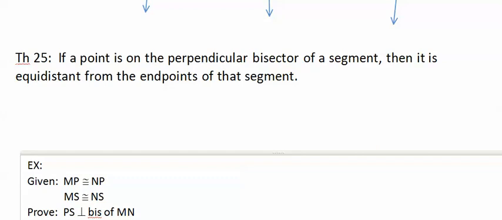Now, kind of the inverse of this is Theorem 25. If a point is on the perpendicular bisector of the segment, then it is equidistant from the endpoints of that segment.